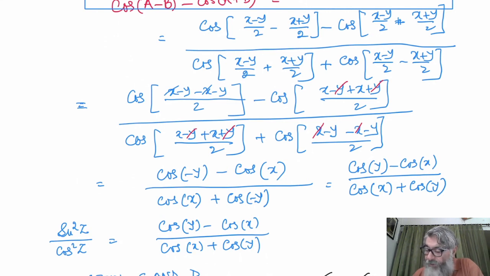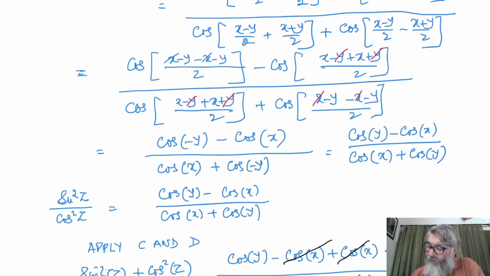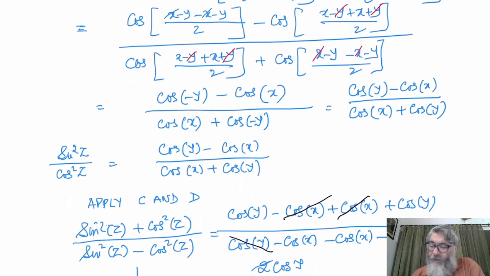Sin square z plus cos square z, adding 1, actually we add 1 to both the sides so that denominator adds to numerator, and when we subtract 1, we are subtracting the denominator from numerator, and then we divide the two equations, but it is done in one step.